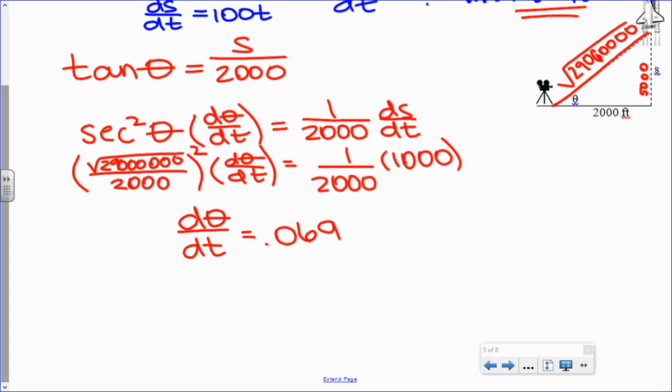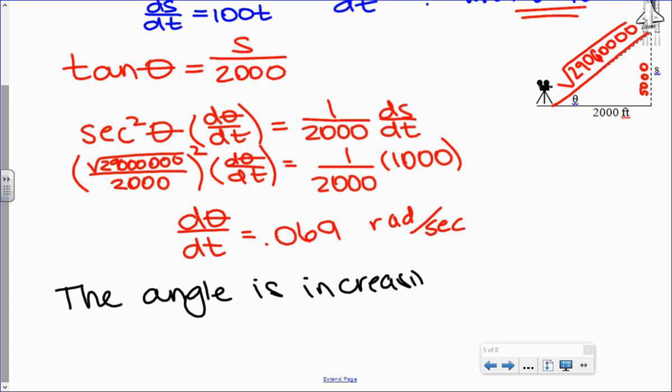What is our label? We know things are changing per second because they gave us time as 10 seconds, but it's an angle, so degrees per second. We're going to have to do radians. We always want to do radians. So our answer is that the angle is increasing at 0.069 radians per second.